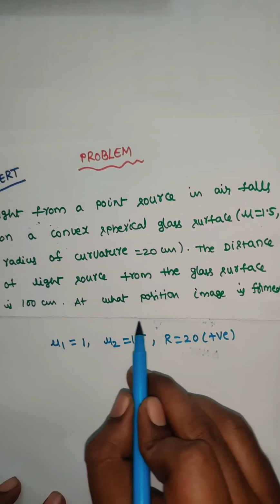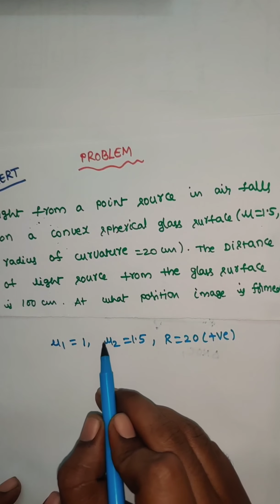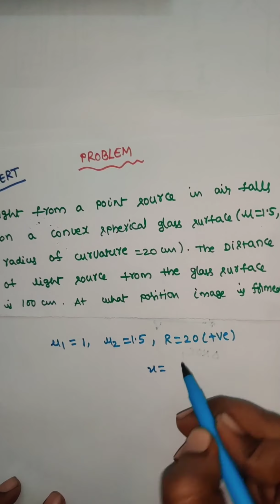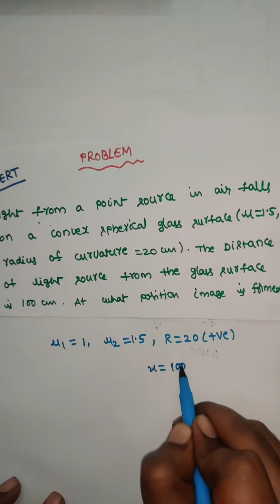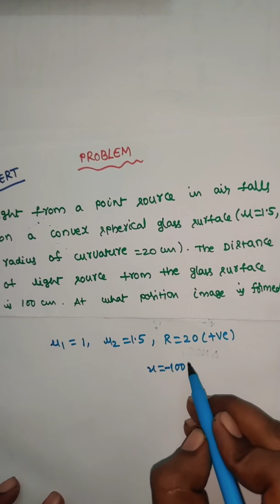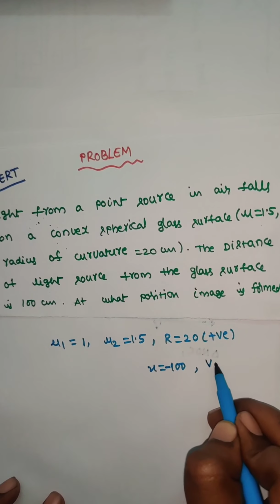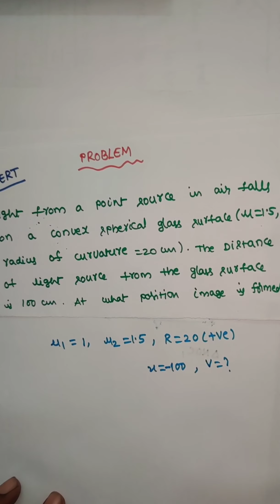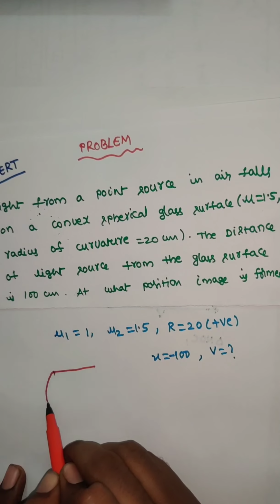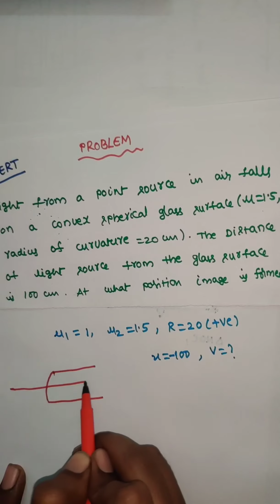The distance of the light source from the glass surface is 100 centimeter. They have given that the object is at a distance of 100 centimeter, which is taken as negative. At what position is the image going to form? They are asking about V, the image position. Just generally I am taking a rough diagram.